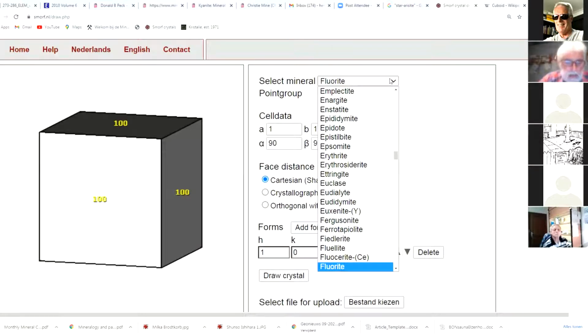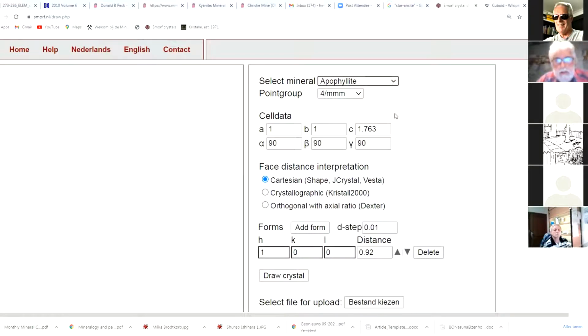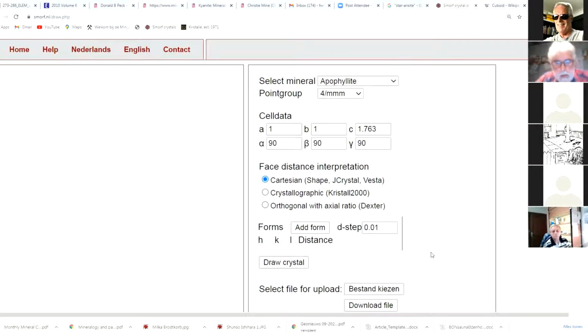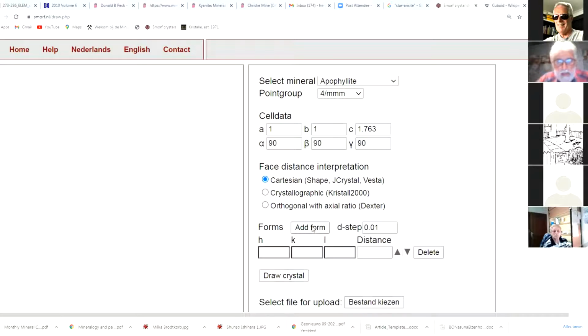So let's take a mineral, apophyllite, for example, that is not isometric, but it's tetragonal. Okay. So we'll delete any form and we'll start with adding our 100 faces. Okay.